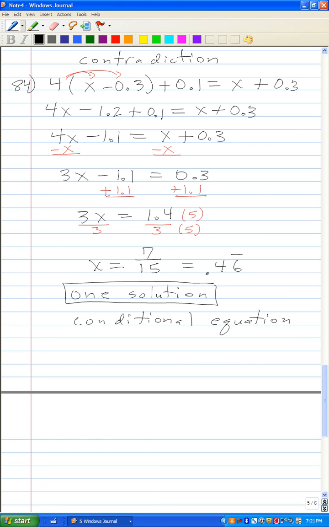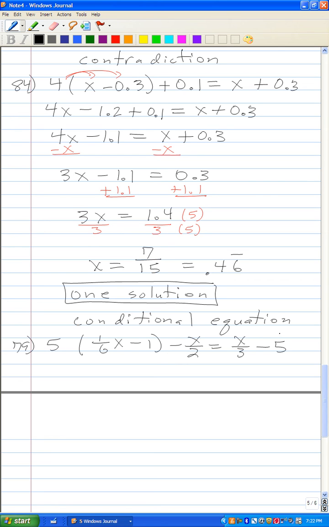Let me do problem number 79. 5 times the quantity 1 over 6x minus 1, minus x over 2, equals x over 3 minus 5.